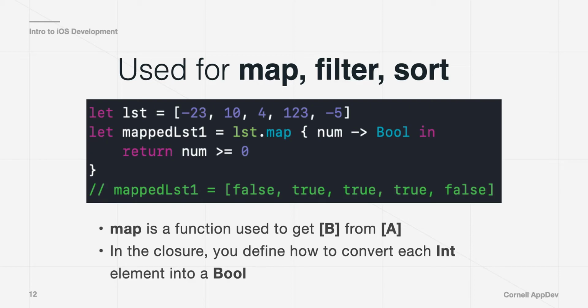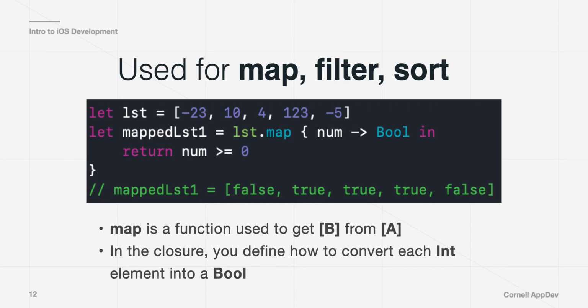You can also use closures for higher order functions: map, filter, and sort. This is an example of using map to map an array of integers to booleans. The closure takes in a number from the array, and maps it into a boolean based on whatever we define.